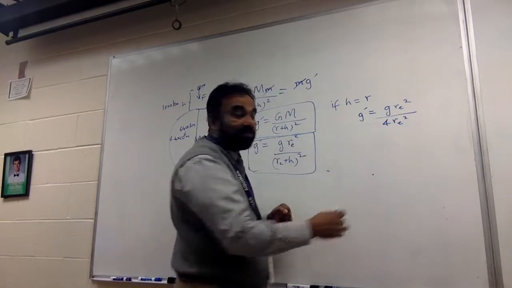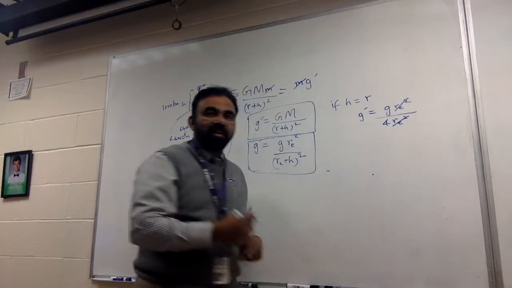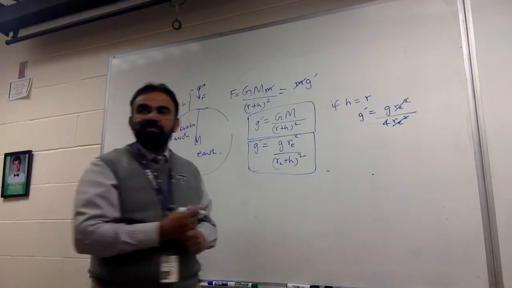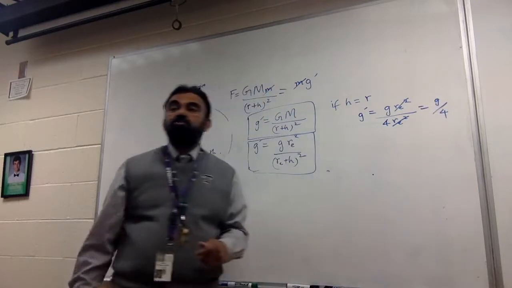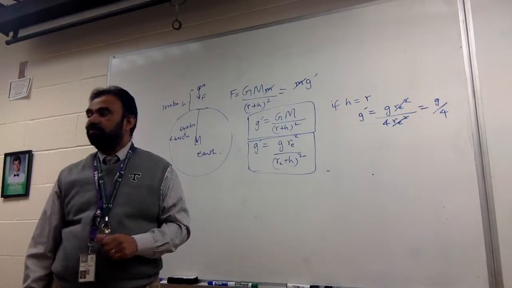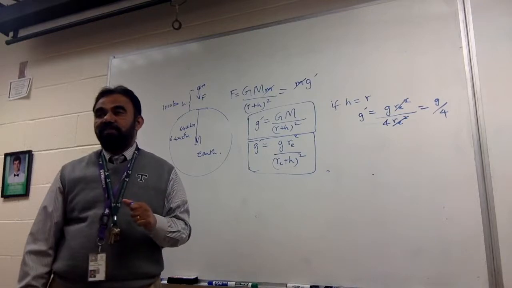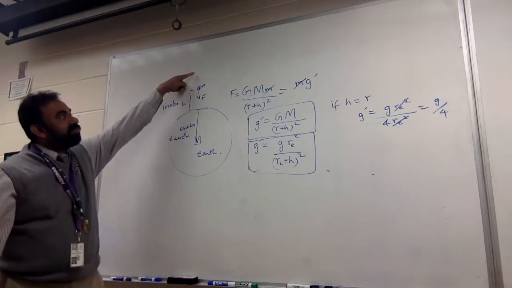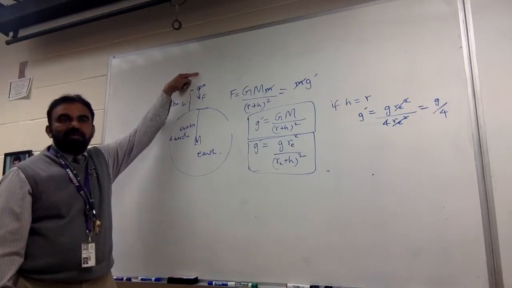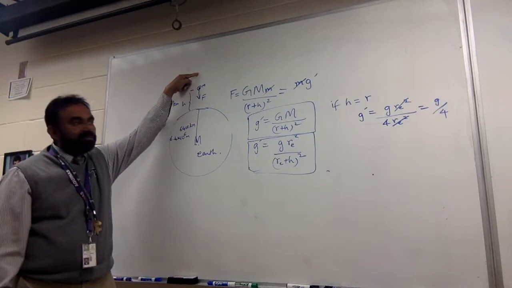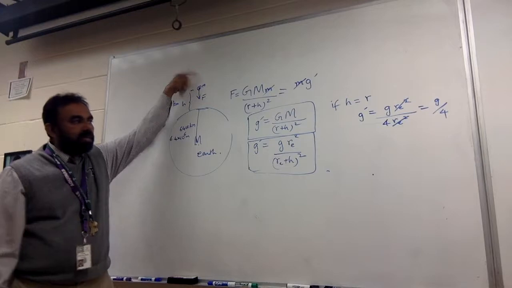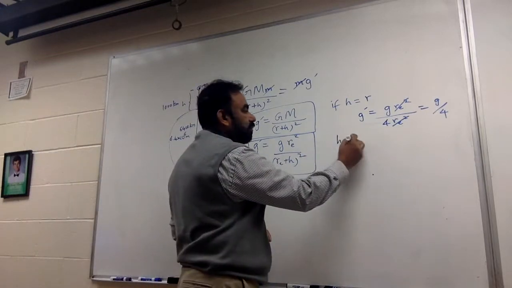Did you get it? So what is the g there? It is just 1/4 of 9.8. The acceleration due to gravity, if you go 6,400 kilometers upward, is only 1/4 of that of the Earth. What if you go to a height of 2R?